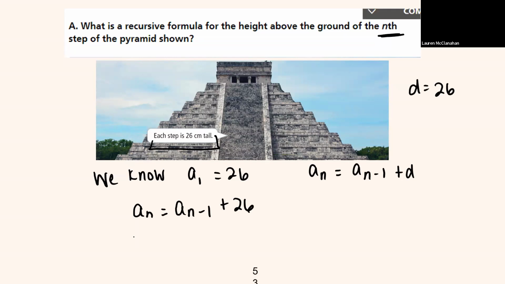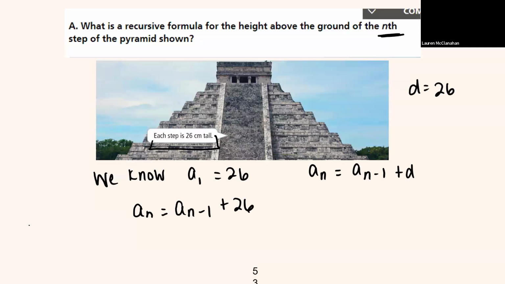Now, you can do it this way to find the second term. Oh, I'm sorry. We're not going to do that because it's going to confuse you guys. We're just going to do it like this.